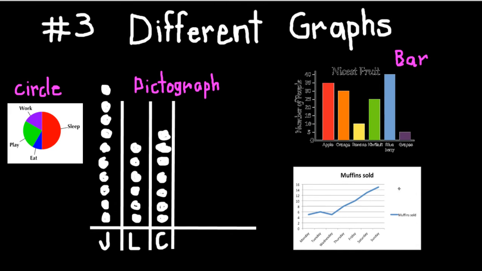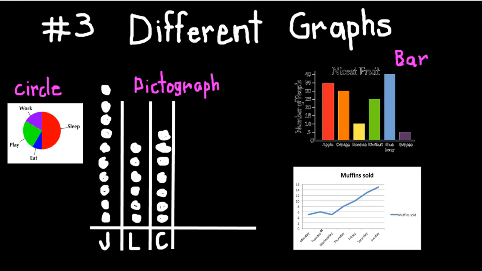And the data that we're collecting here is muffins that were sold. The blue line represents the muffins sold.